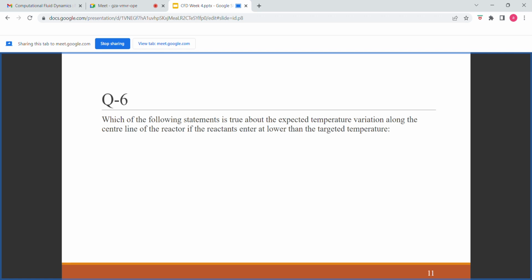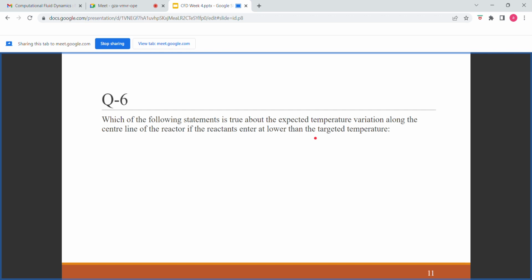So basically in question number 6 it is asked which of the following statements is true about the expected temperature variation along the center line of the reactor if the reactants enter at lower than the targeted temperature. So it would be preheated and its temperature would be rising, because the expected temperature variation would be rising till it attains the targeted temperature.